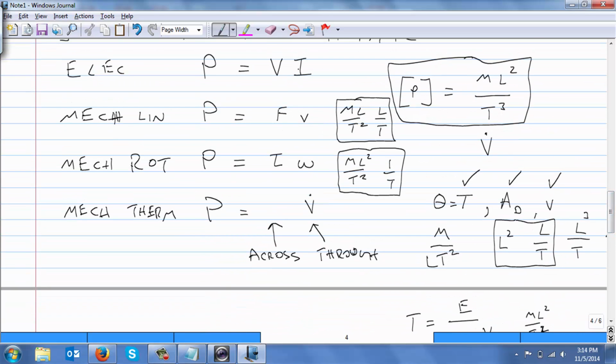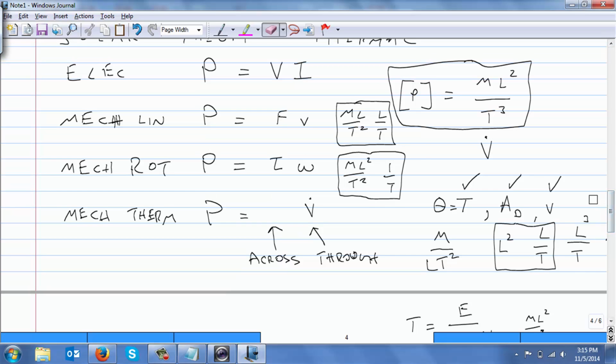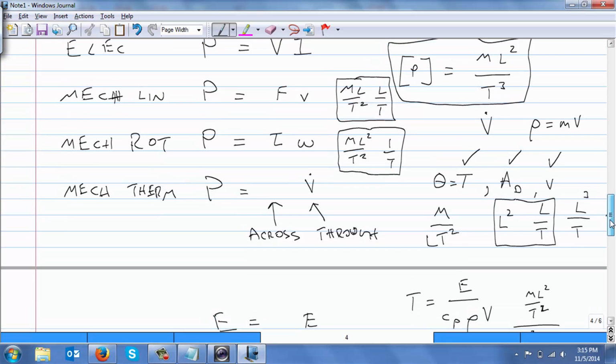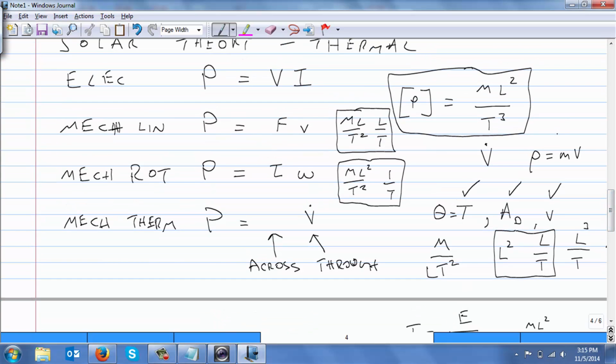and I'll just go ahead and erase my little V dot. Let's write one more little thing here. This will make us all feel a lot better. Density equals mass divided by volume.